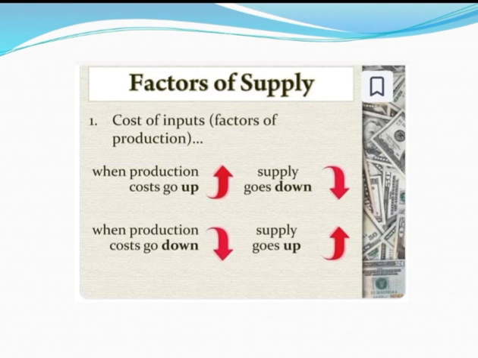So factors of supply. First one, cost of inputs, meaning factors of production. When the production cost goes up, supply goes down. Basically, if the cost of a particular product goes up, the supplier thinks they have to increase the price of that product.